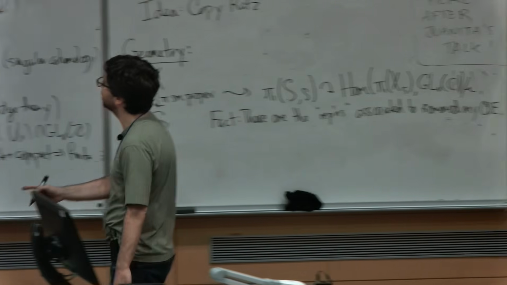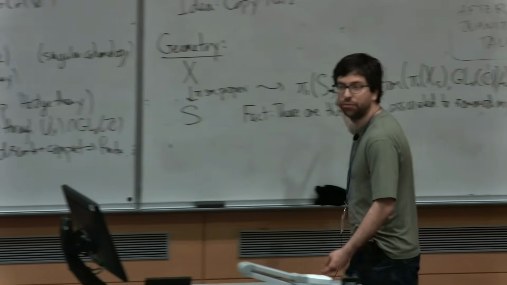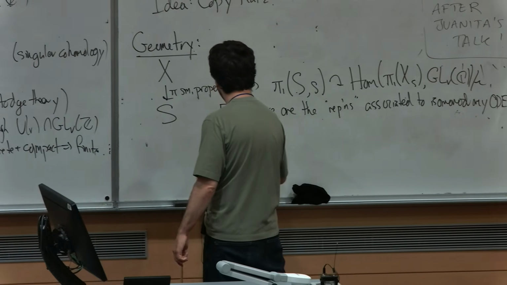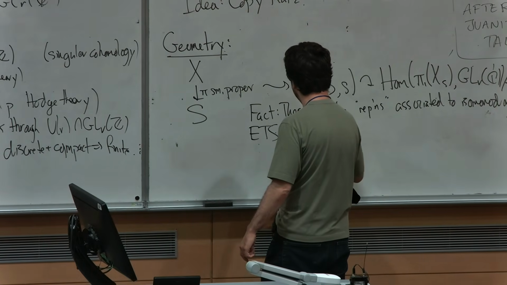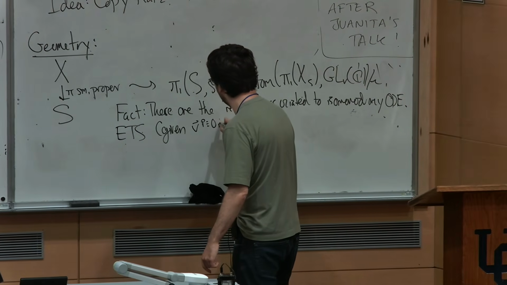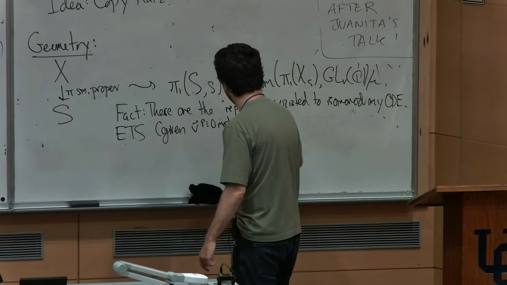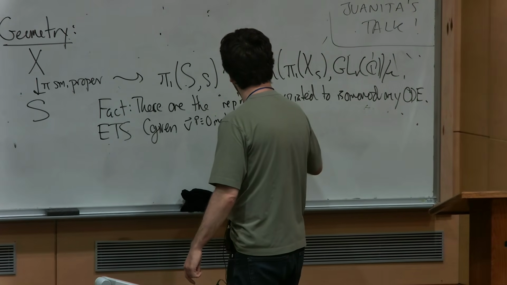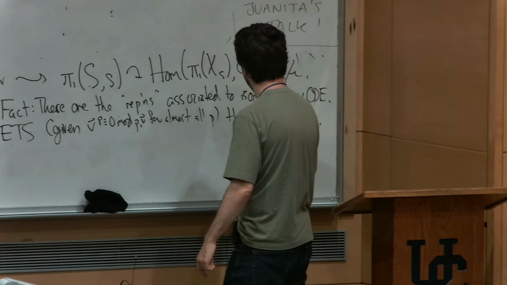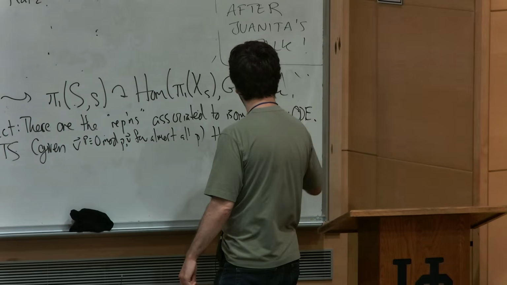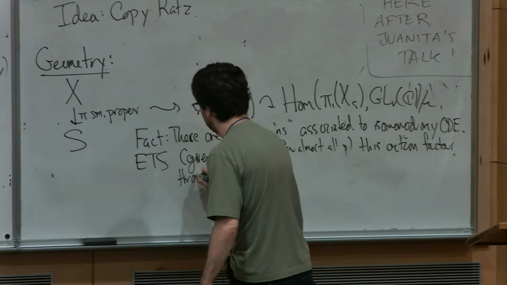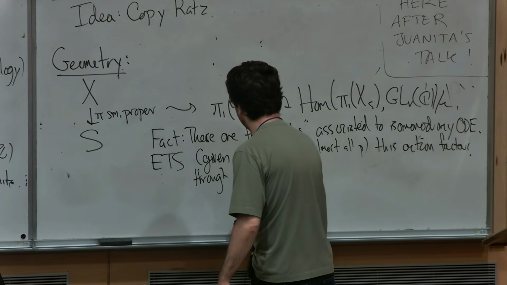And just like in Katz, it's enough to show that this action factors through a finite group. So, given our hypothesis that v_p is 0 mod p for almost all p, it's enough to show that this action factors through a finite group.